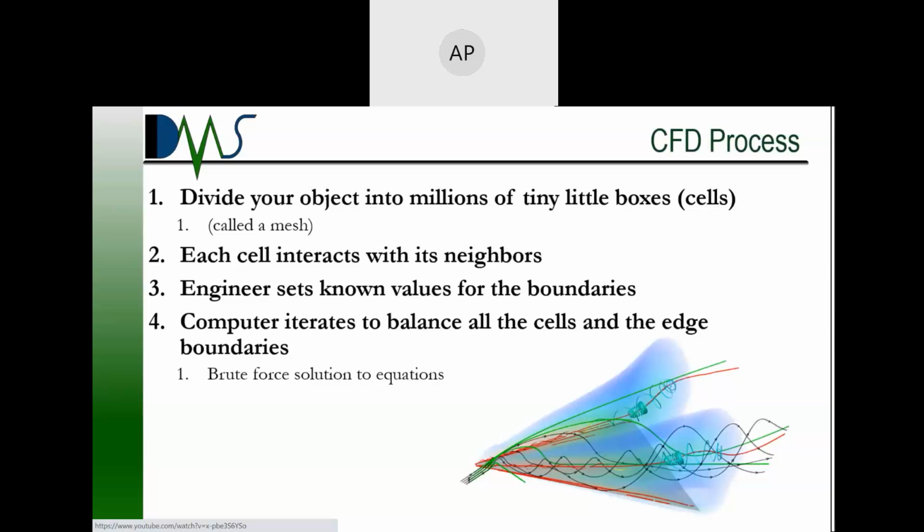Now that is a lot of brute force solution to the equations. There's a lot of iteration that goes on, but that's okay. Computers are really good at brute force iteration. And that is the computational process. The really neat thing about this is that it's a generalized algorithm that we can apply to any geometry. It works for any situation. The same math just keeps working again and again and again.